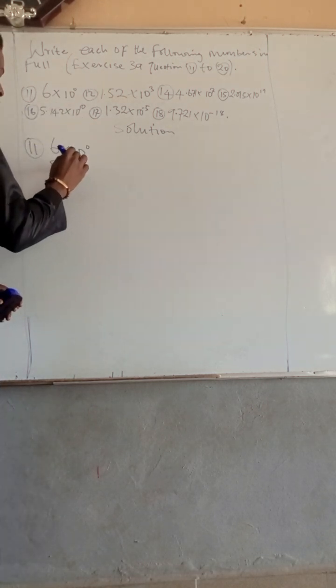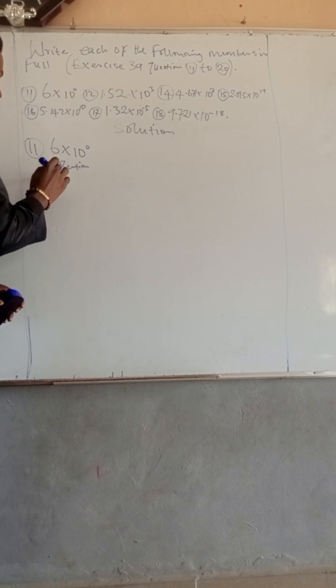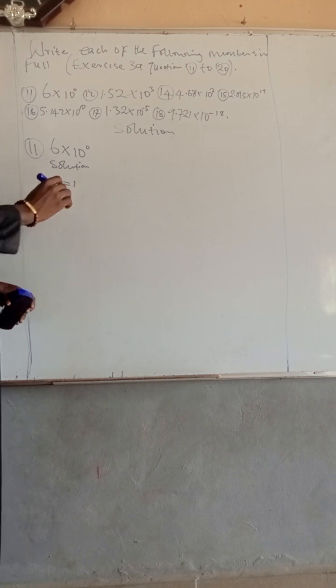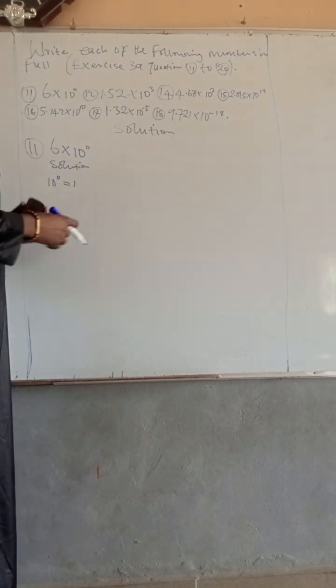Solution for this one. First of all, we know that 10 to the power of 0 is equal to 1. Any number to the power of 0 is equal to 1.